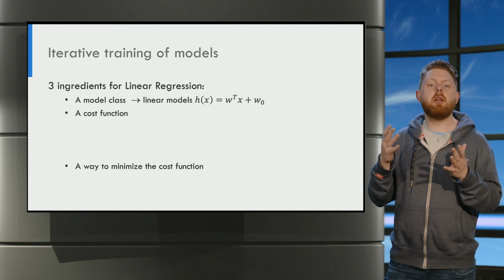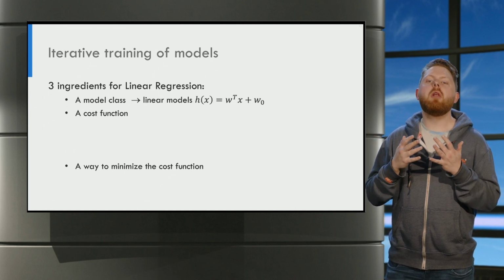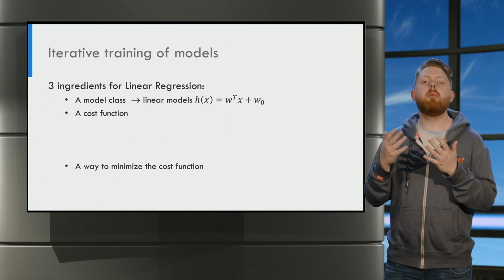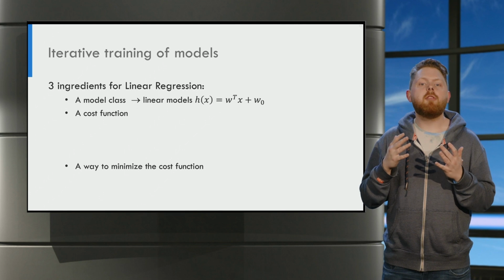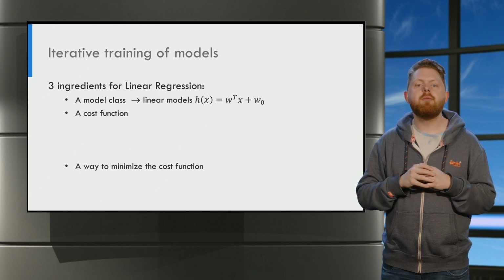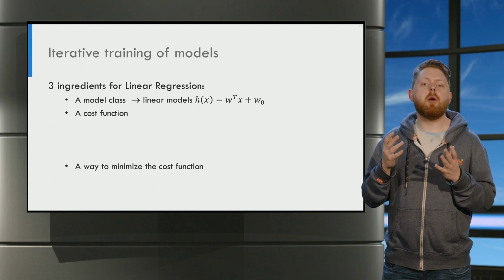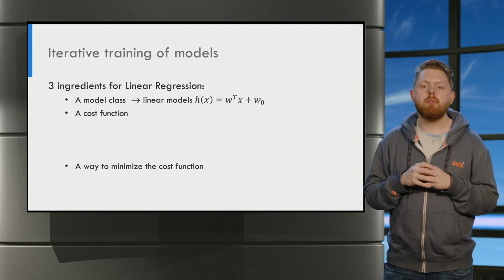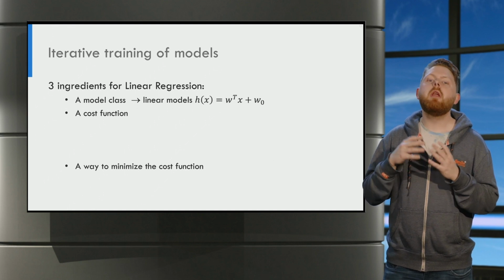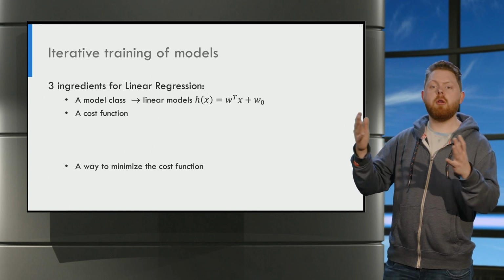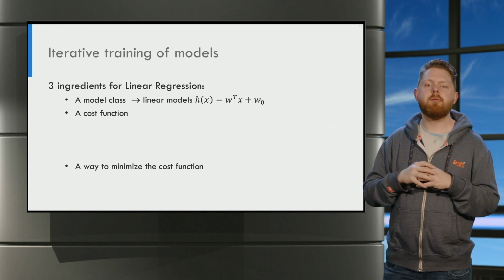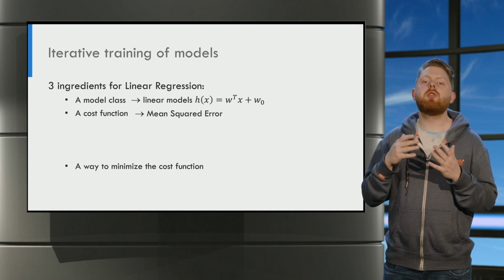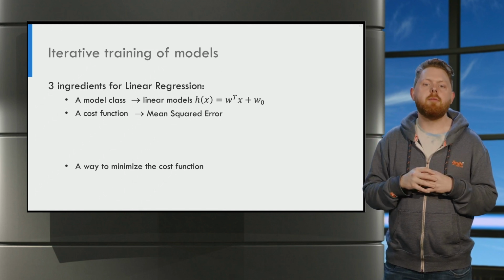The model class for linear regression is given by all linear models. We can write all linear models as W transpose X plus a bias term W0. Each choice for W and W0 will give a different linear model. Now we need a cost function to choose among this very large set of models. For linear regression, the cost function is the mean squared error on the training set.